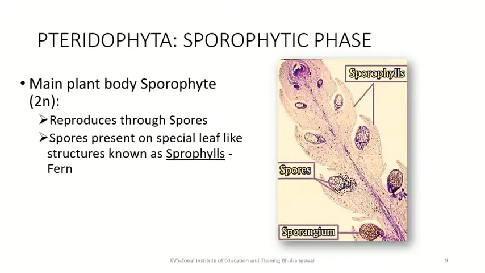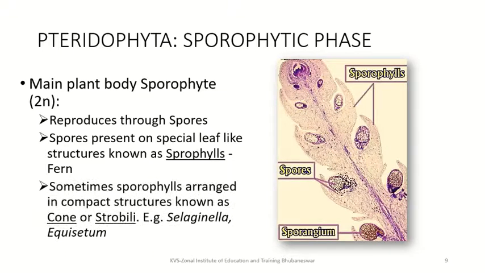This is a detailed diagram showing spores present in the leaf. Sometimes these sporophylls are arranged in compact structures which are known as cone or strobili, example in Selaginella and equisetum. Again, this is an advanced feature.